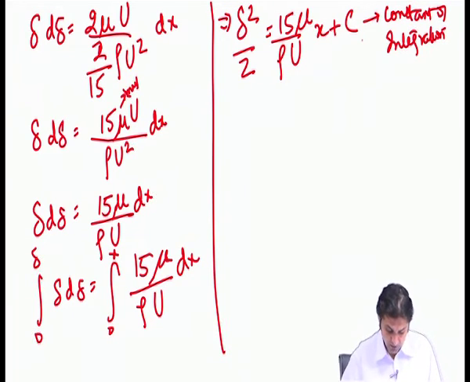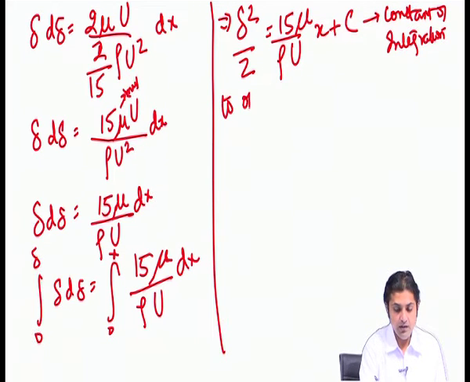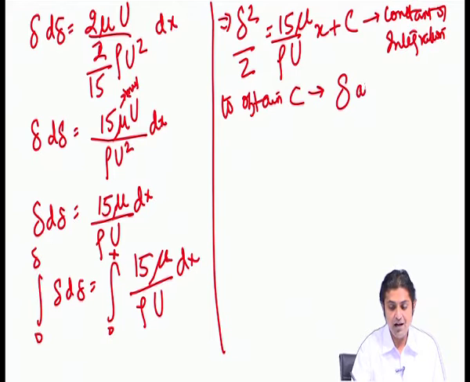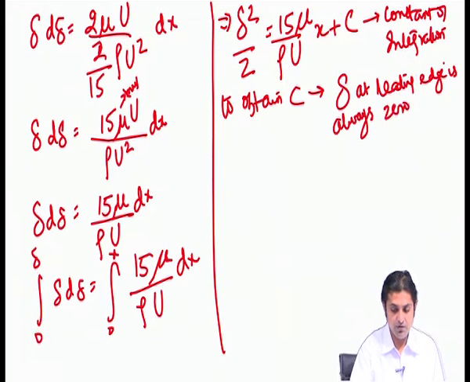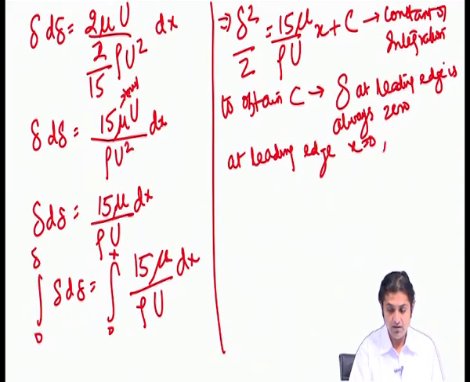But how do we obtain c? We know that the boundary layer thickness at the leading edge is always 0. So at the leading edge x is 0, and here delta is also 0.